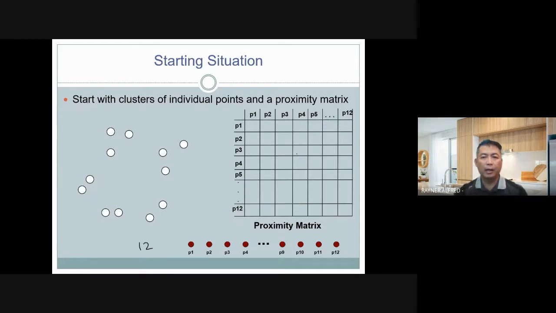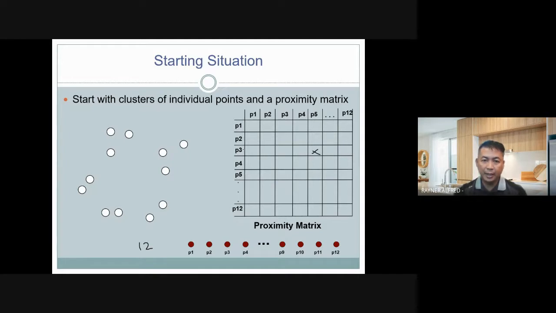Okay. And also we have the distance matrix. The distance matrix shows how close two documents or two clusters are together.